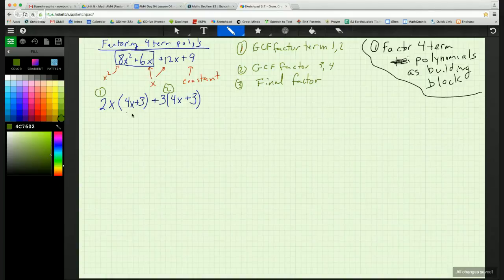Now the last thing we're going to do is apply our distribution pattern.